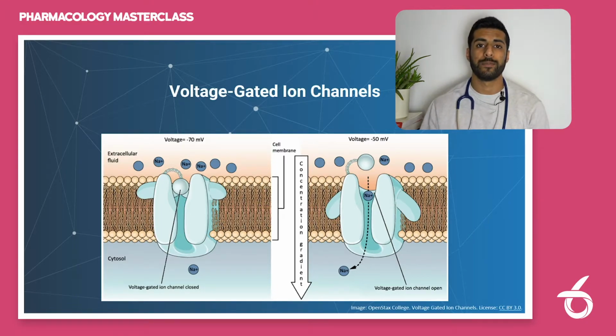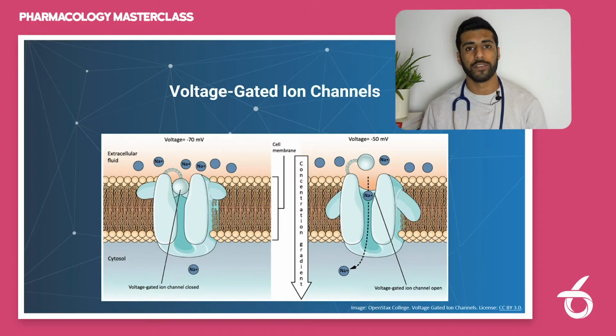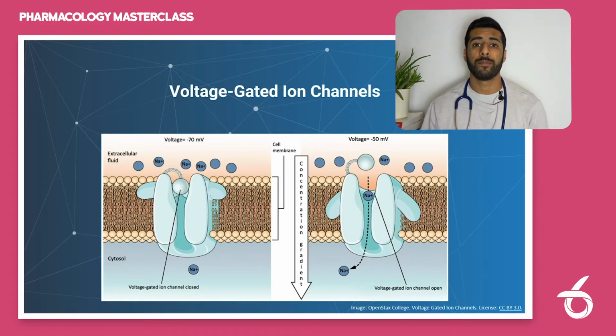And then if we get above threshold potential, we're going to get a full action potential, which is quite important to understand. This is a general concept, so there are many different ions that could be moving here. And similarly, there will be some voltage-gated ion channels that respond to higher membrane potentials.